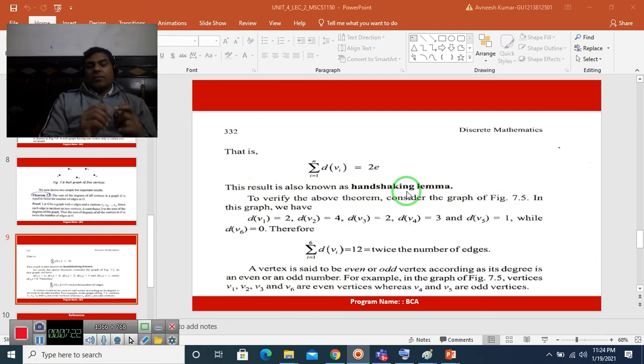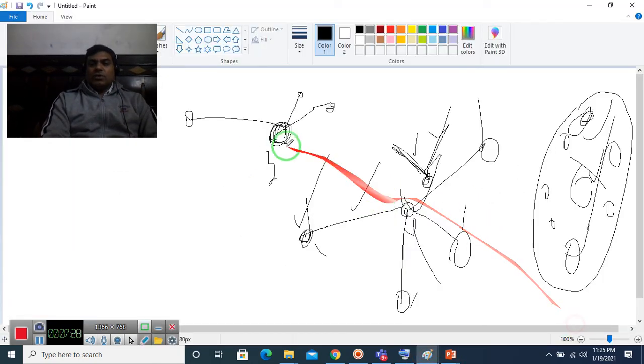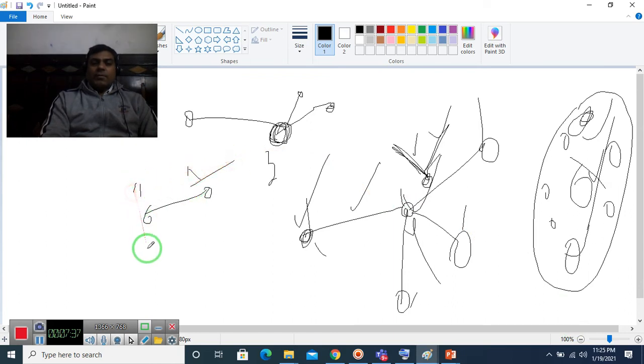is 2E. Why? Because every edge contributes 2 degrees: 1 degree is here, 1 degree is here, so it becomes degree 2. If one edge contributes 2 degrees, and we have E edges, how many degrees do we get? 2E.